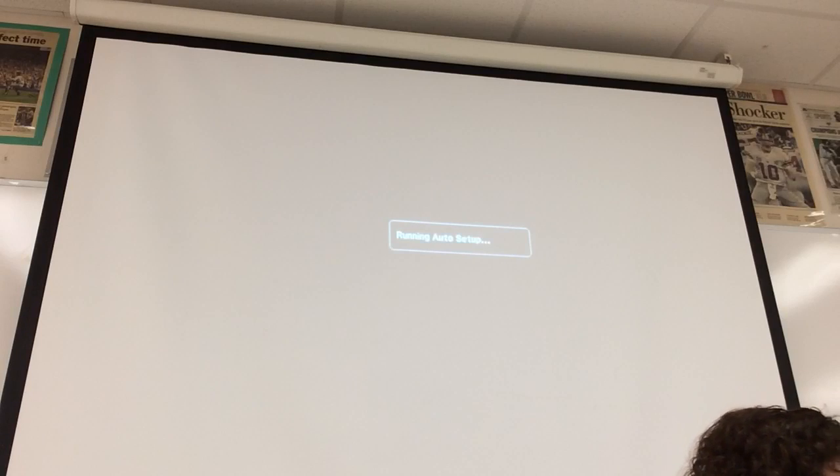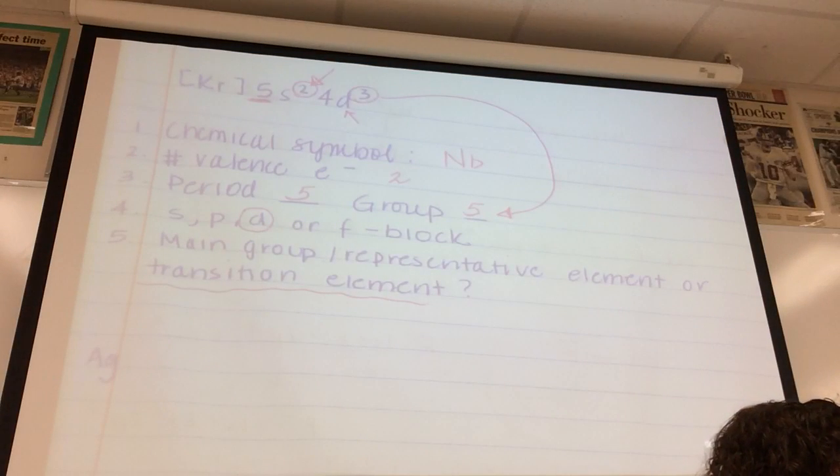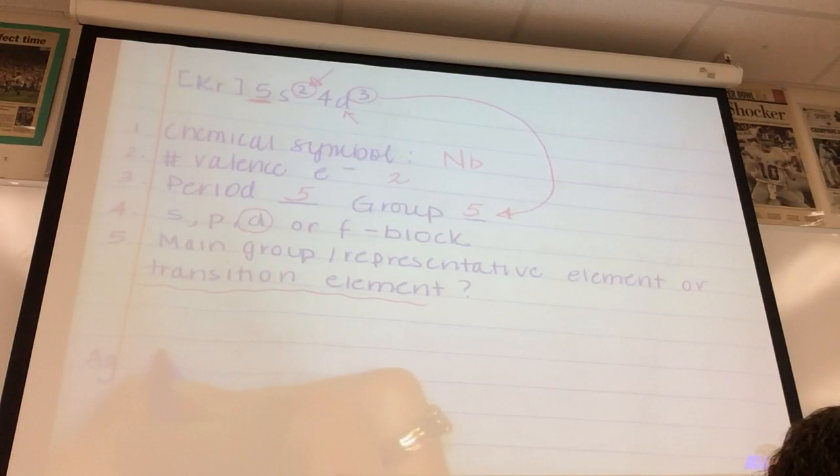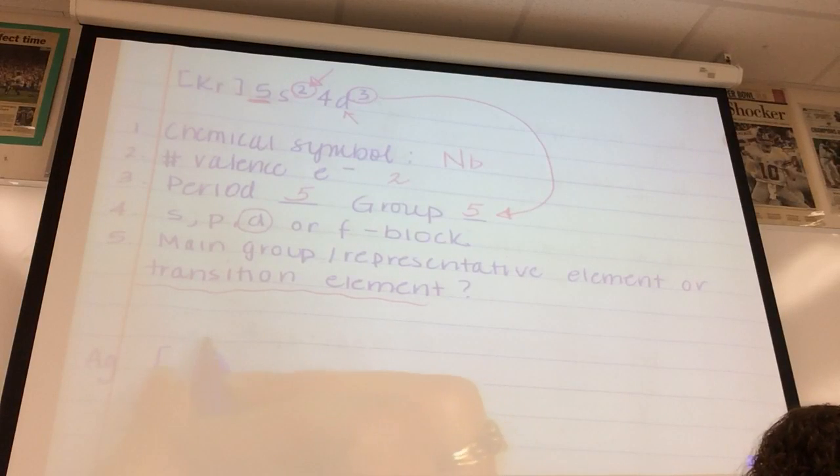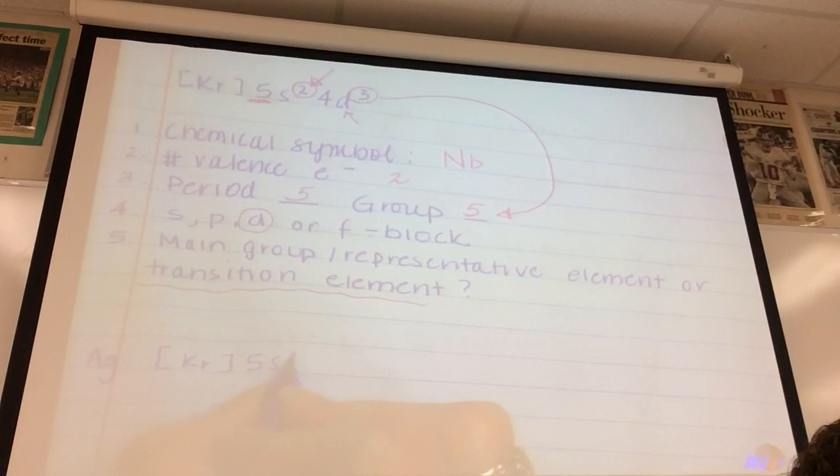For example, silver, if you looked at the periodic table for silver, what would you predict is the shorthand config for silver? Krypton 5s2, 4d9.